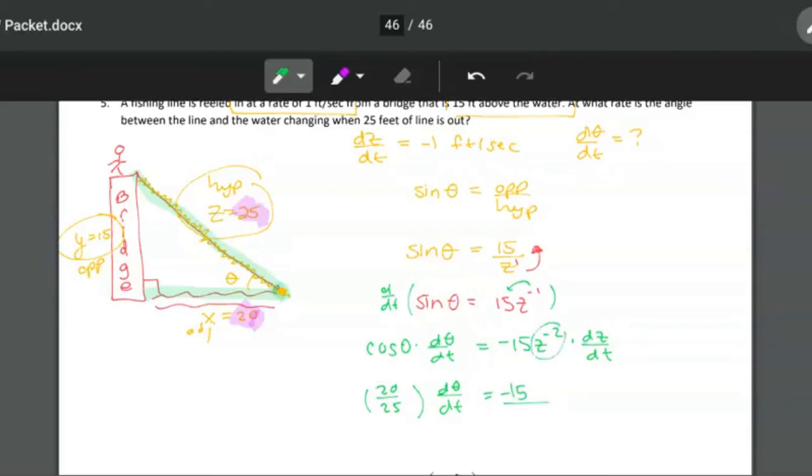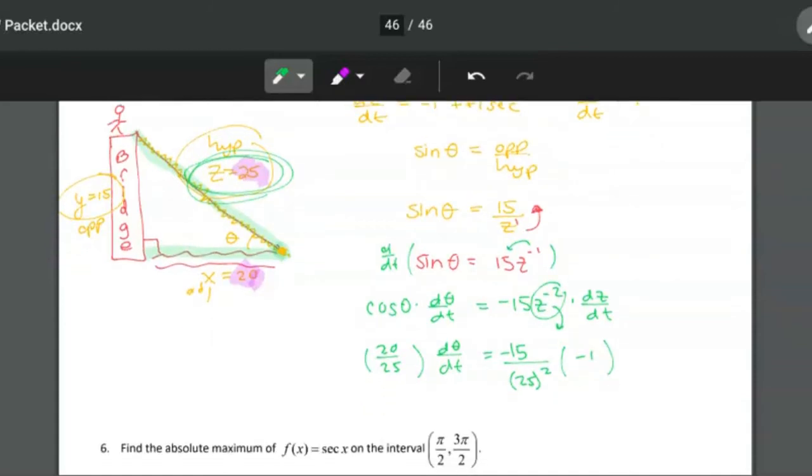I would probably bring this to the denominator, call it Z squared. That would be the Z right there. But we know what Z is. Z is 25, so I might substitute in a 25 there. And then we're multiplying by dz dt, which we know is negative 1.